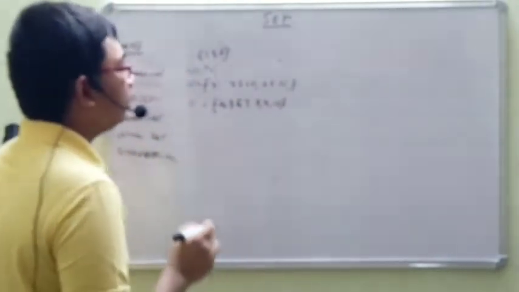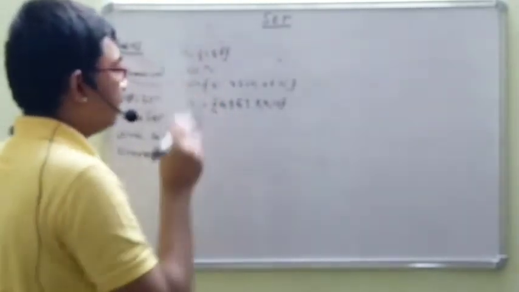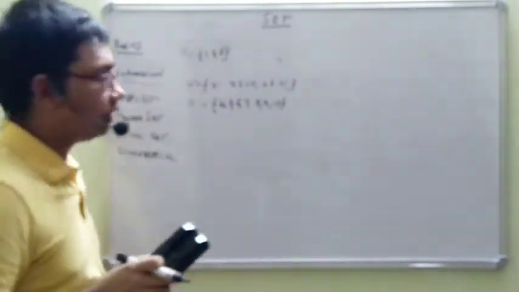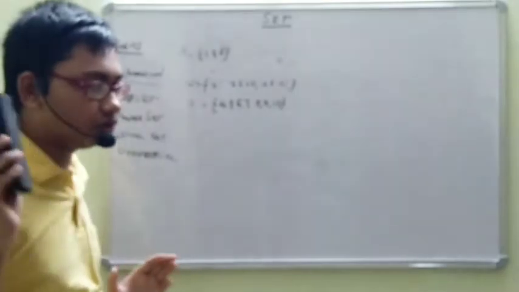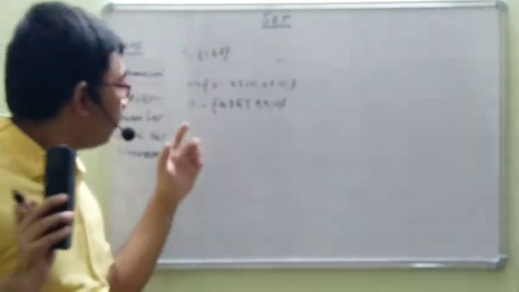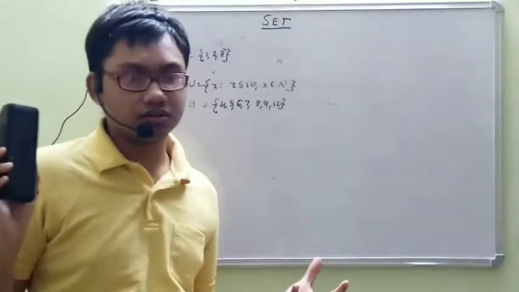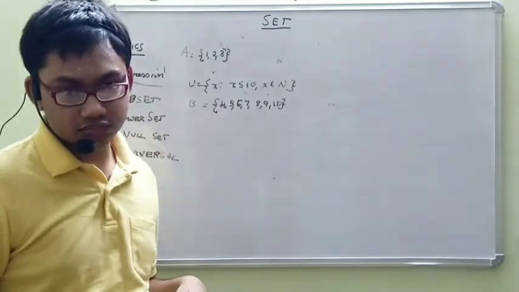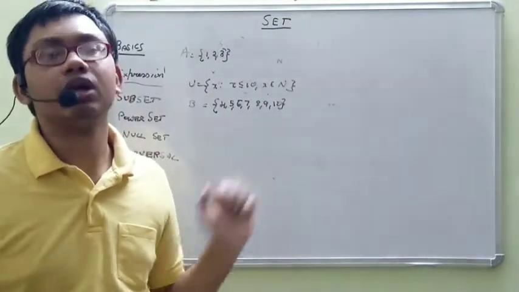What is the relationship between A, U, and B? A has 1, 2, 3, and U has 1 to 10, right? But what is B? B has all the elements that are not in A but are in U. Those elements of U that are not in A will be there in B.